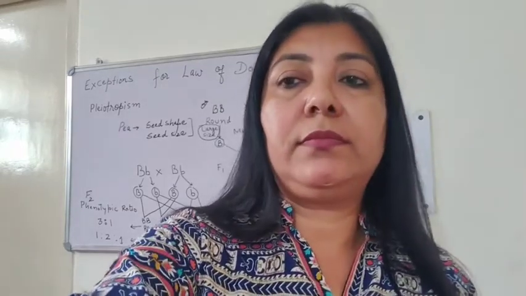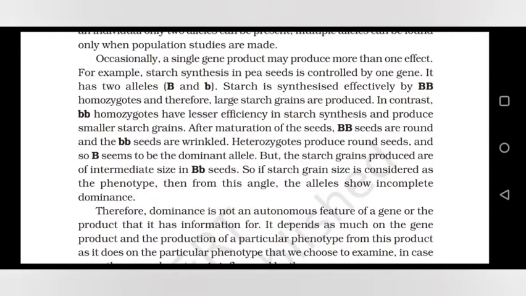Let's find out. Now let us study the actual reason behind these two different types of phenotypic expression. Actually, both these phenotypic expressions, that is seed shape and seed size, are due to a single gene product, which is starch grain. When it is capital B, then starch grains produced are large. As a result, the size of the seed is very large and its shape becomes round.